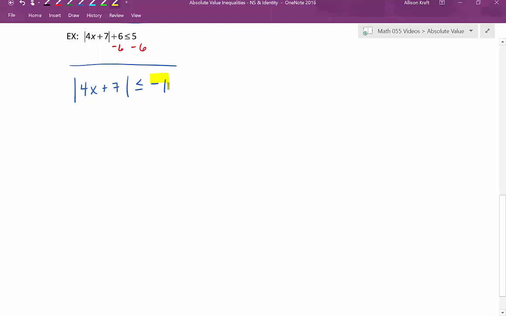Again, we've isolated the absolute value and we have a negative on the other side. So we want to stop and think. This says the distance away from 0 is less than or equal to -1. When is distance away from 0 less than or equal to -1?